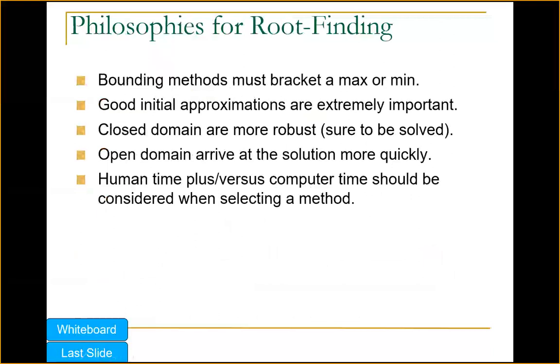But especially for optimization, knowledge of the fact that there's one answer in the bound is very important. And so we have bounding, which is always preferred when you can bound your system, because you know you'll get to your answer. And an open method usually gets to your answer very quickly.